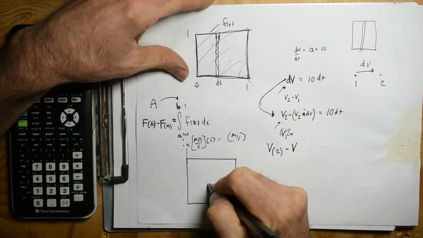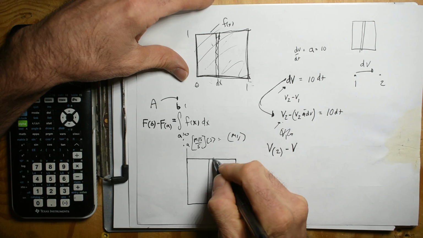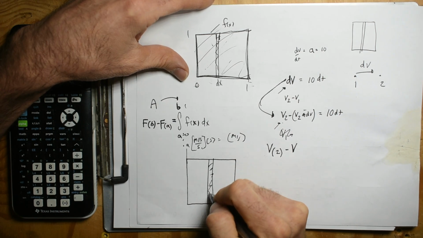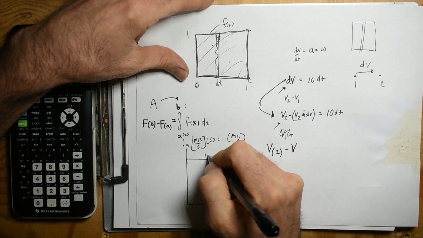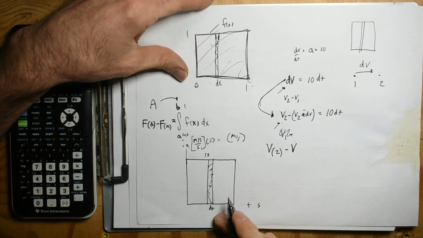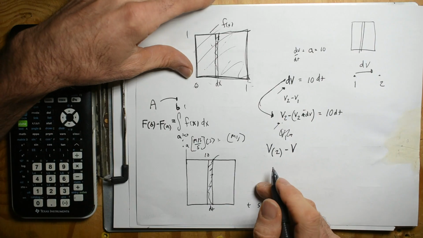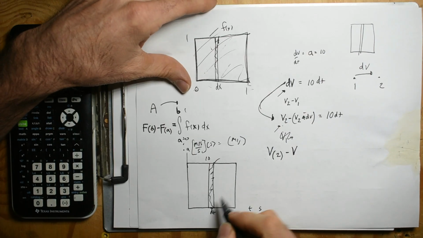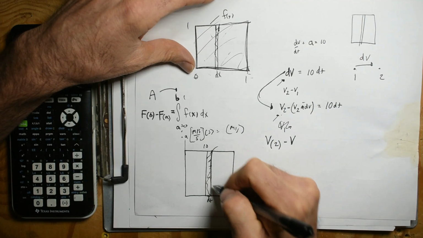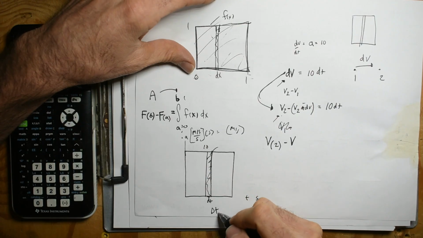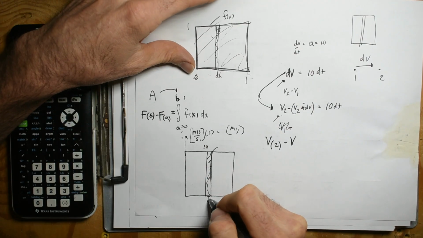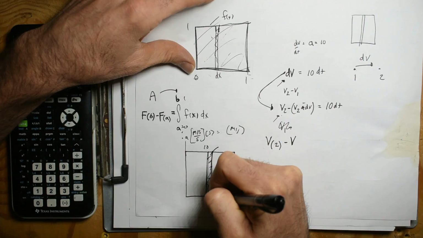So if I come over here and take a dt slice and find the area, so this is now 10 dt. This is a very small slice, and this could be a change in t, or it could be so small that it approaches 0. So what is the area of this slice?